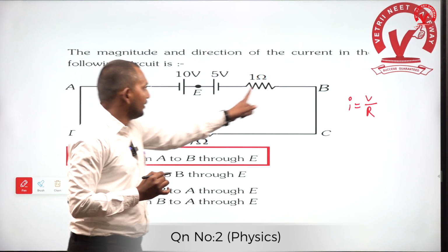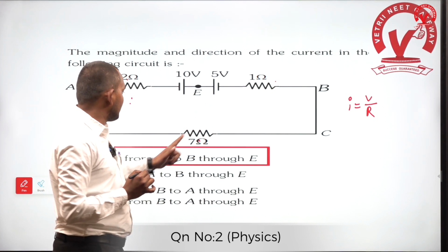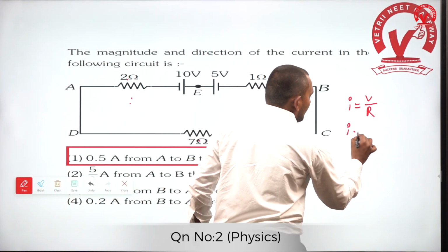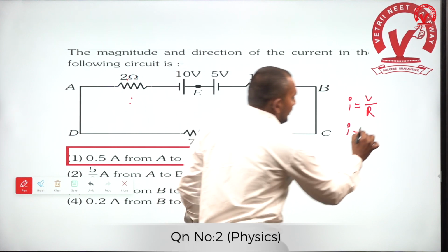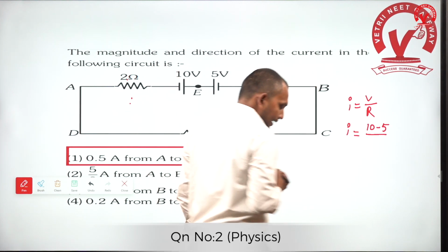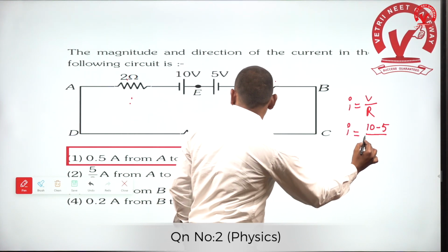Here 1 ohm plus 7 ohms plus 2 ohms: 1 plus 7 plus 2 is 10. The potential is 10 minus 5, divided by the R value, which is 10.